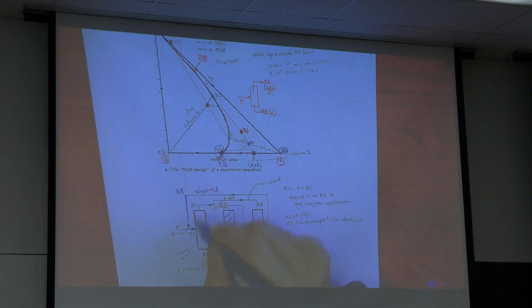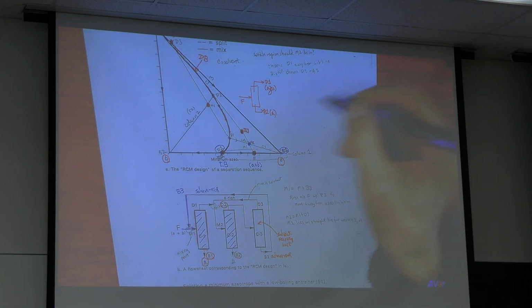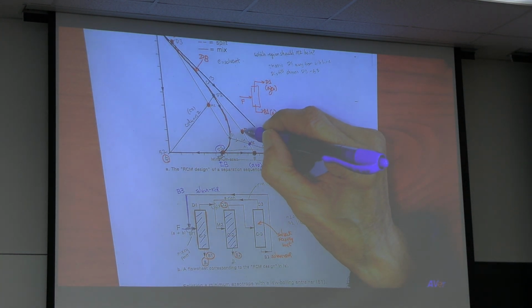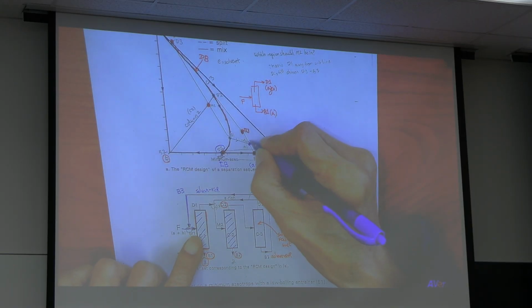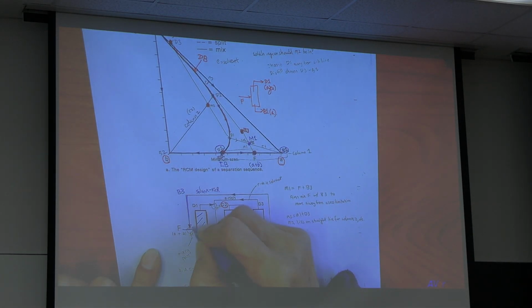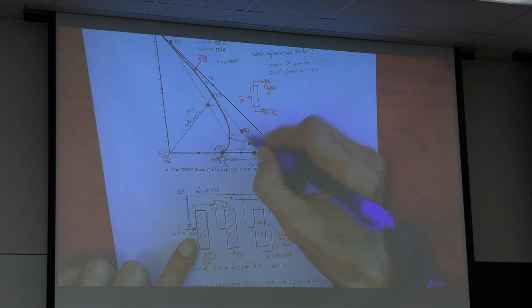So now, the first column, I have a feed B3 plus F. I call that M1. This is M1.